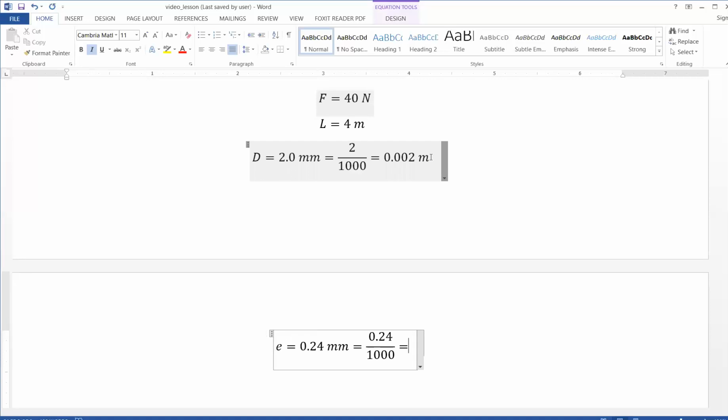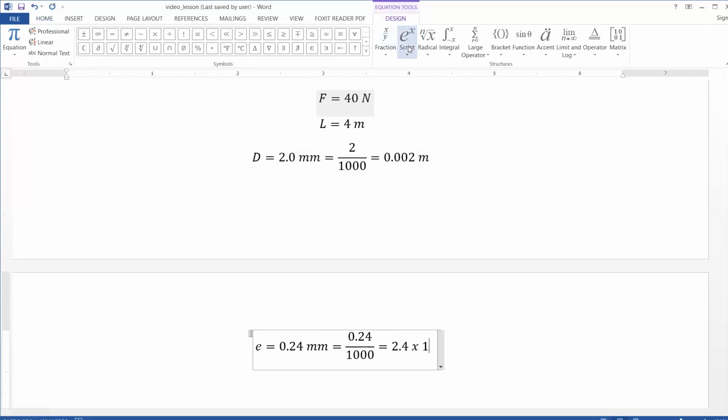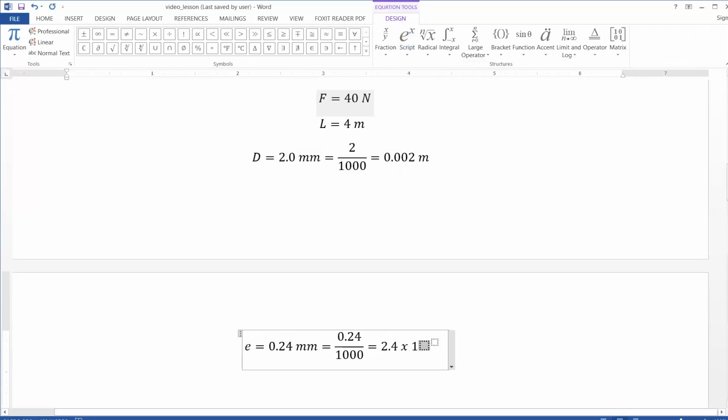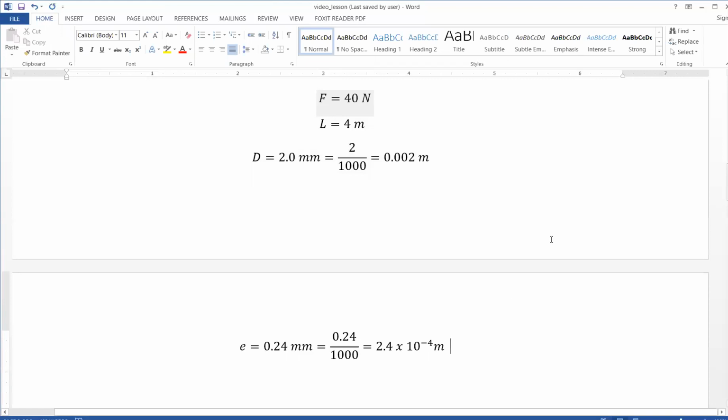And that will give 2.4 times 10 to the power -4 meter. So with this data, we can now begin to do our calculations.